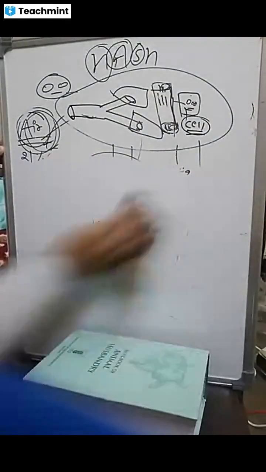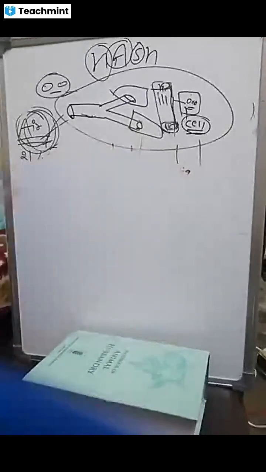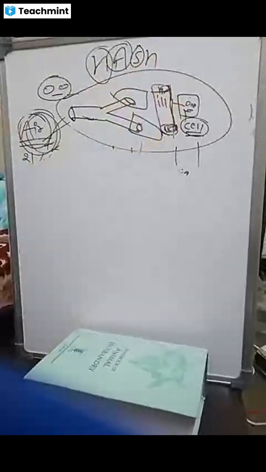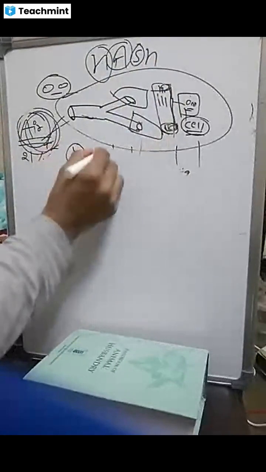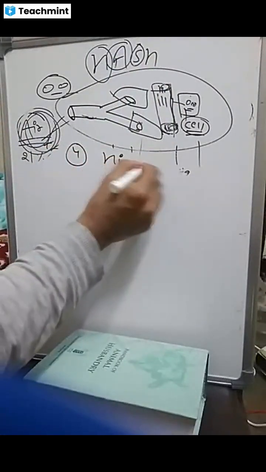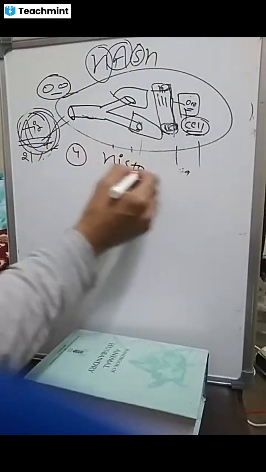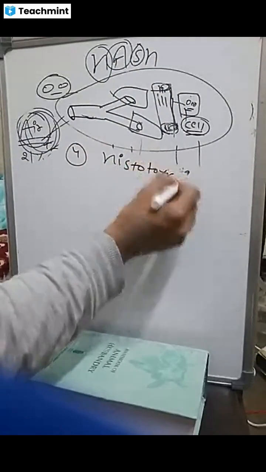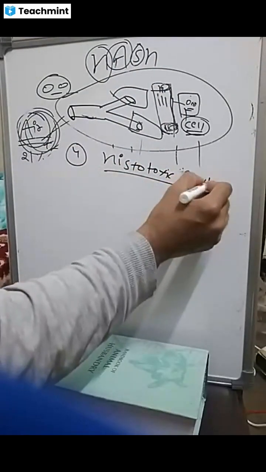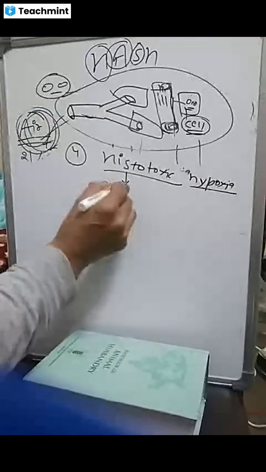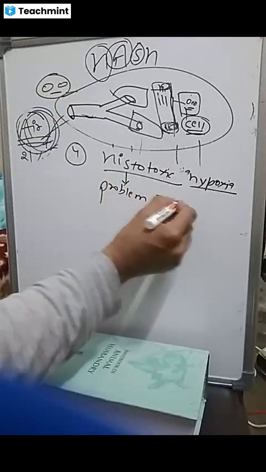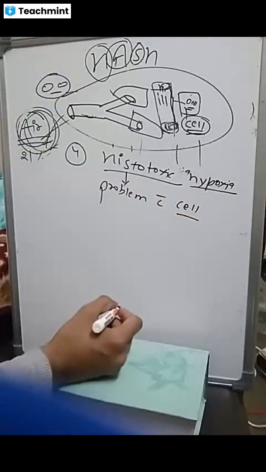The next hypoxia, from the formula HASH, number 4, is at the level of cell or tissue itself, so called histotoxic. Histotoxic hypoxia means the problem is with the cell itself.